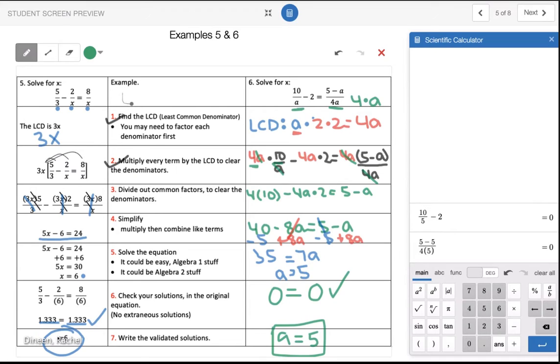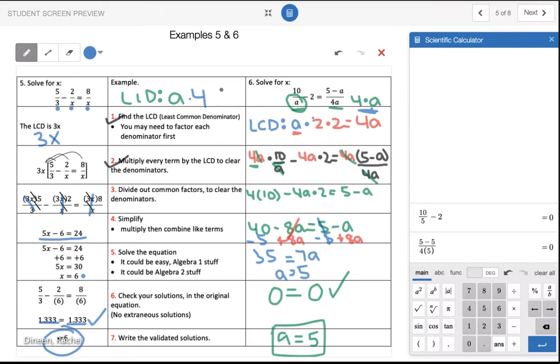So to build the LCD, I list the factors of my first denominator, which is a. Then I look at my second denominator. Is 4 already listed here? No, it's not. So I have to include the 4. Is a already listed? Yes. So I do not have to include it.